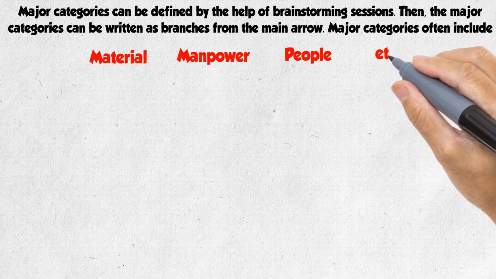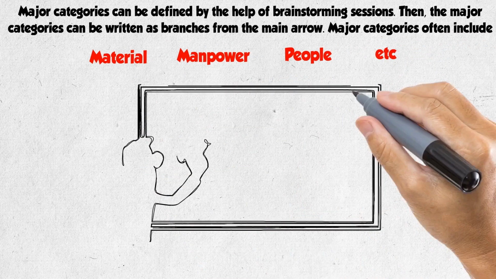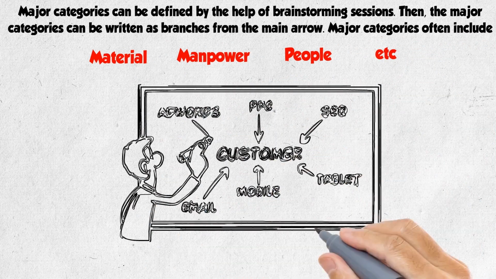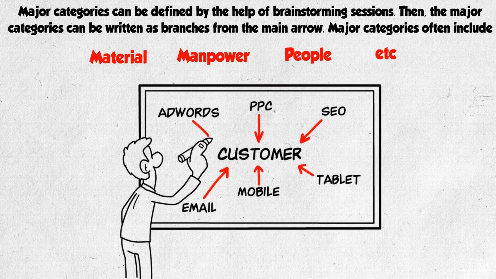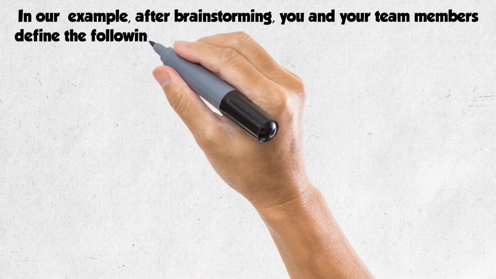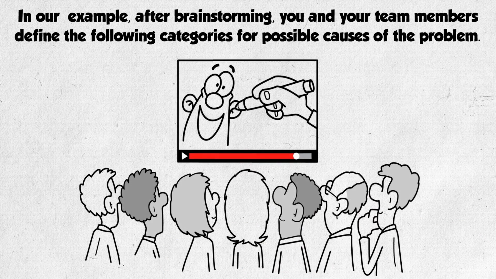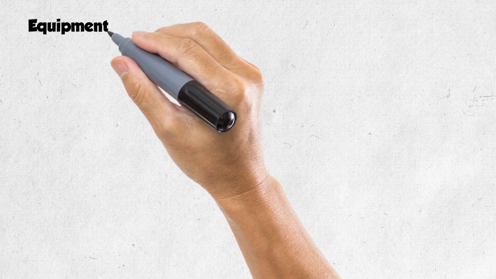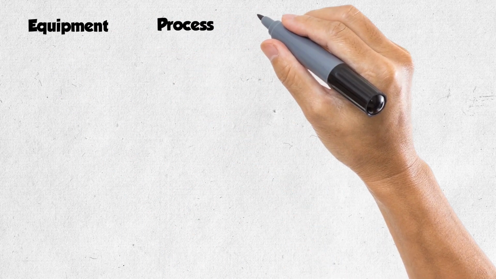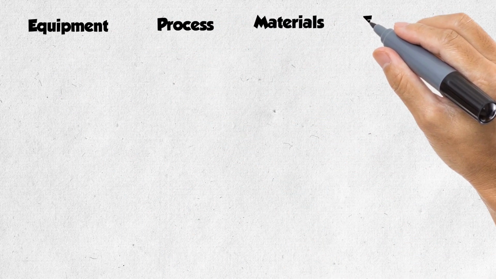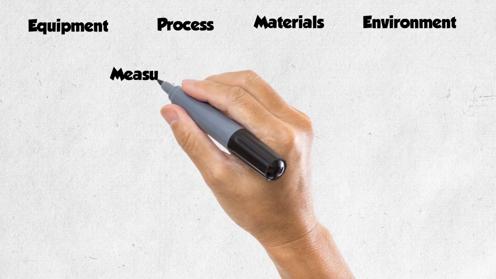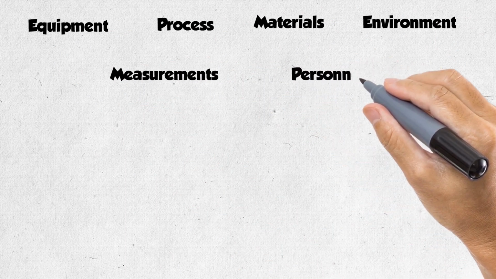Major categories often include material, manpower, people, etc. In our example, after brainstorming, you and your team members define the following categories for possible causes of the problem: equipment, process, materials, environment, measurements, personnel.